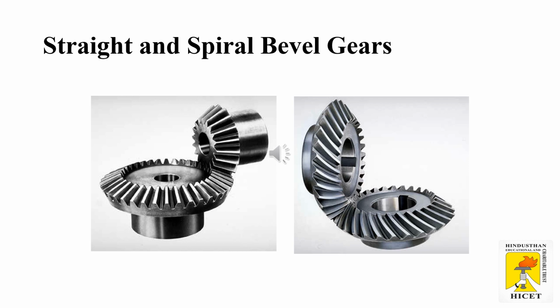They are smoother in action and quieter than straight tooth bevels, as there is gradual load application and low impact stresses. The efficiency is slightly lower than straight bevel gears. Spiral bevel gears are used to drive the differential of an automobile.